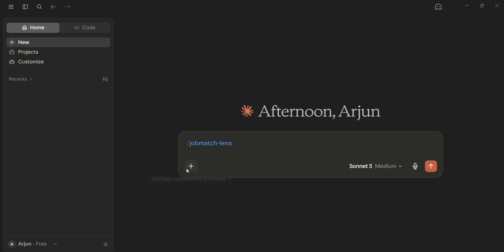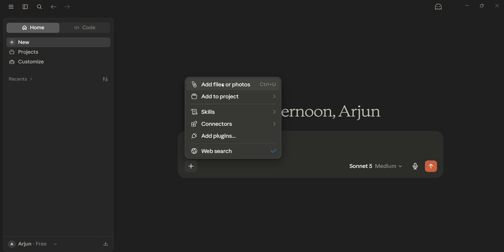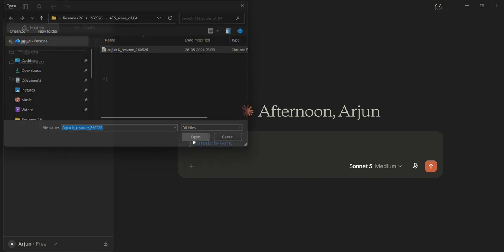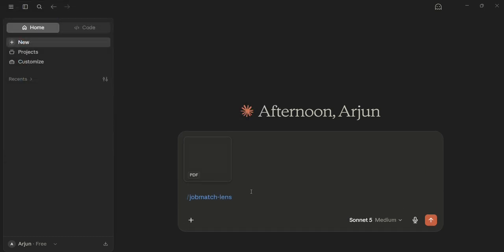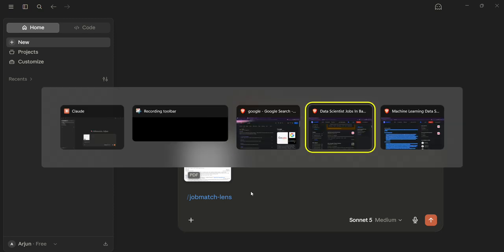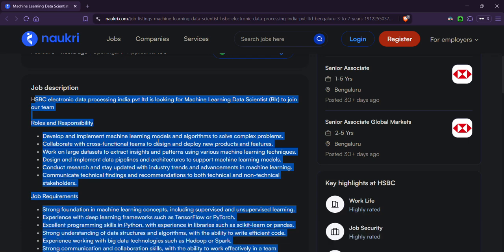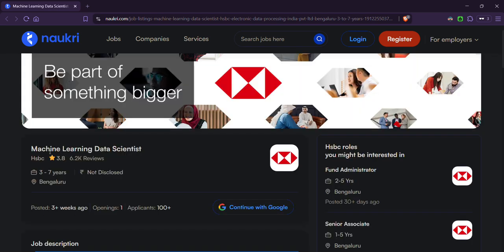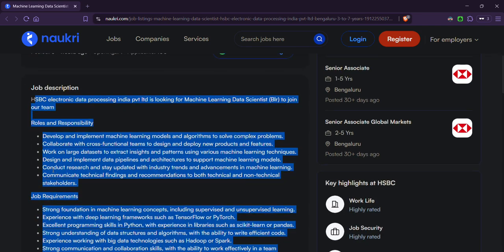I am going to be uploading my own resume here, and I'm going to be looking at a job description from naukri.com. So let's talk about this particular job description, which is the role of an ML and data scientist at HSBC, which requires about 3 to 7 years of work experience.